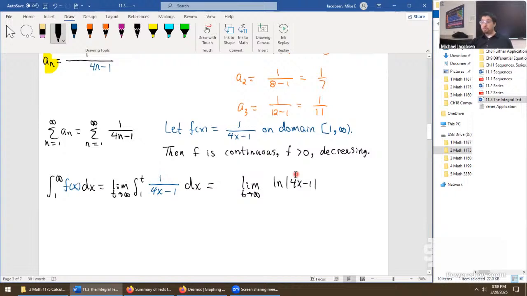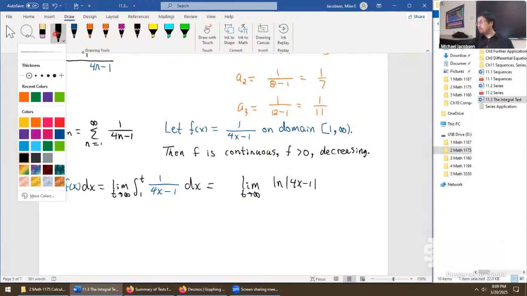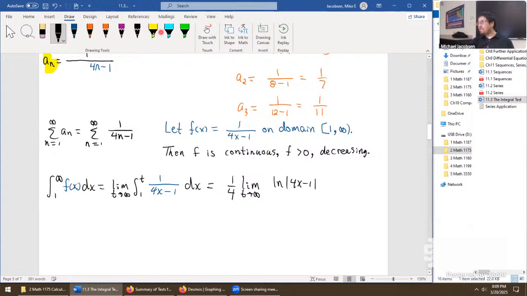If we check this through the chain rule, the derivative of the natural log of the absolute value of 4x minus 1 turns into that times 4. We'd have to multiply by the derivative of 4x minus 1, so all we do is put in a 1/4 right here. And we've totally avoided the difficulty of even worrying about u substitution. This is always a great process to take if it's a linear function. If it was degree 2, I would always use u substitution instead, just to be extra careful.